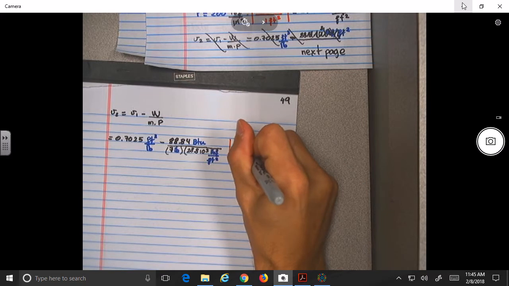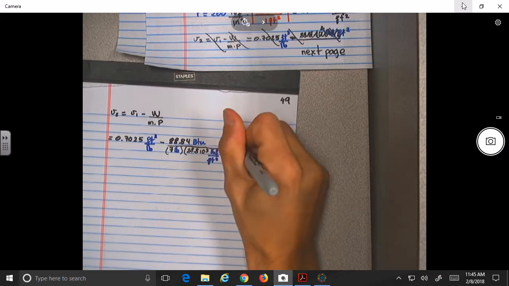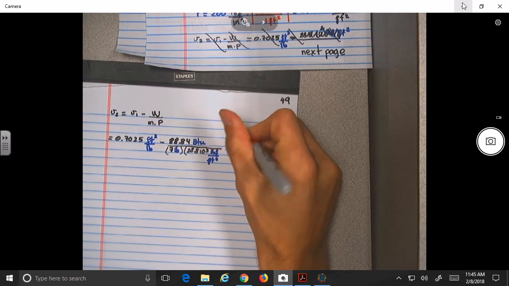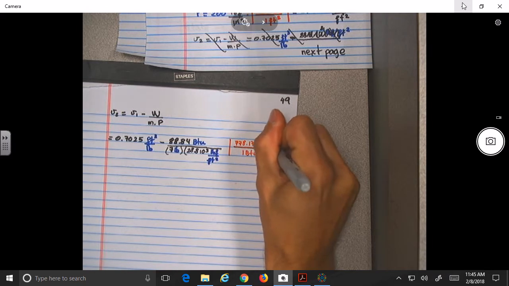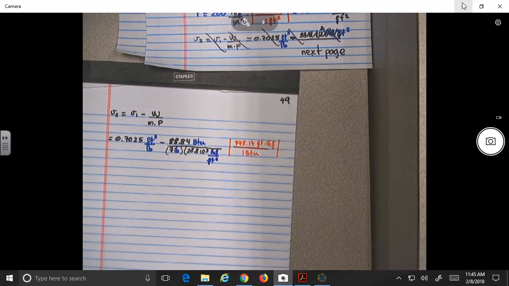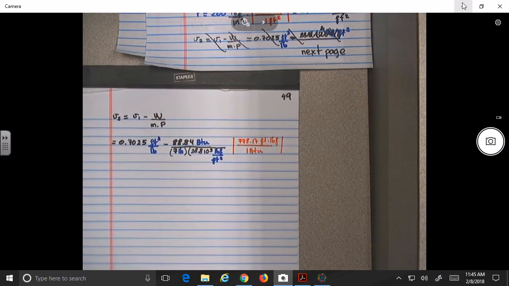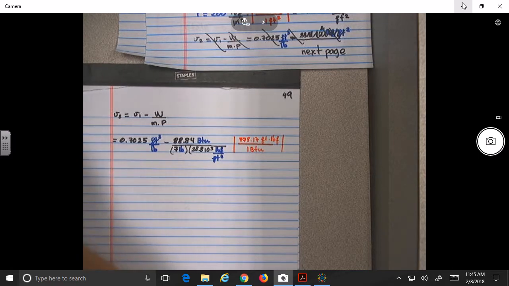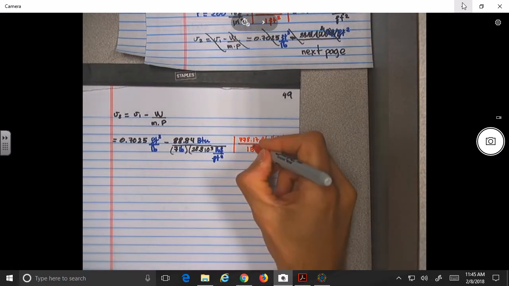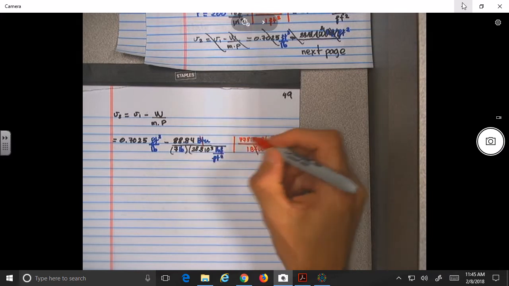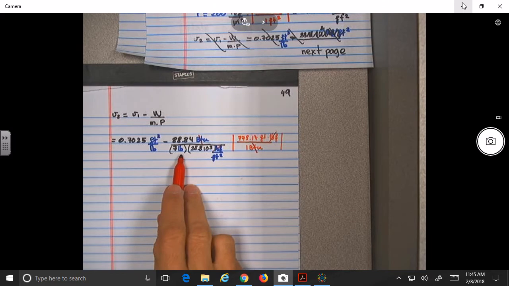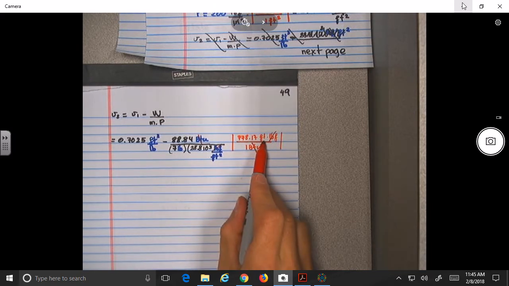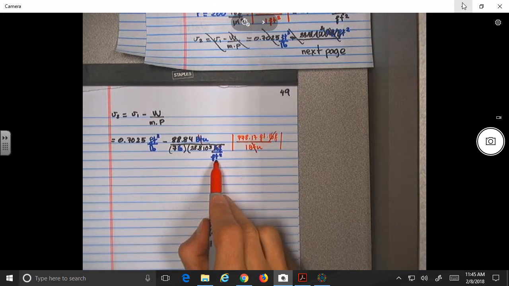So we know that 1 BTU is what? 778.17 foot lbf. So let's see what happened with the units. So obviously this BTU will cancel with this BTU. This pound force will cancel with this pound force. This pound is going to stay, and this foot over here becomes cubic foot with this square foot down there, no?